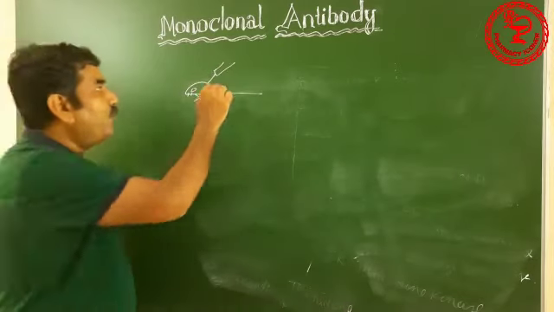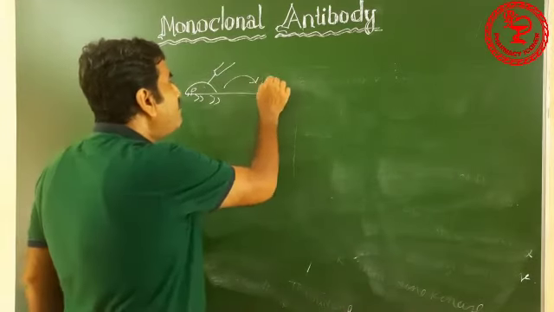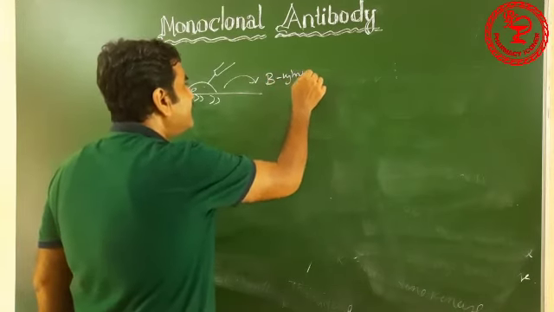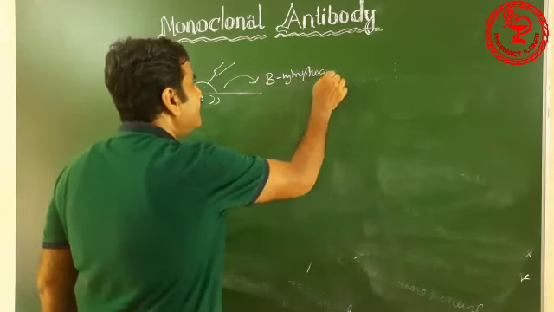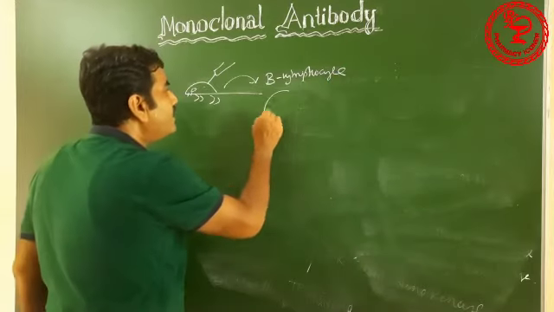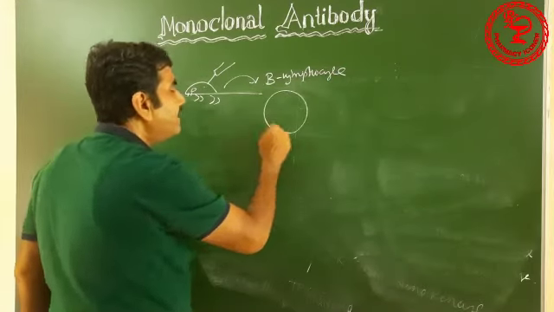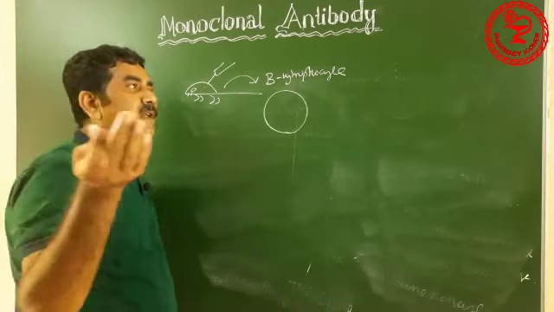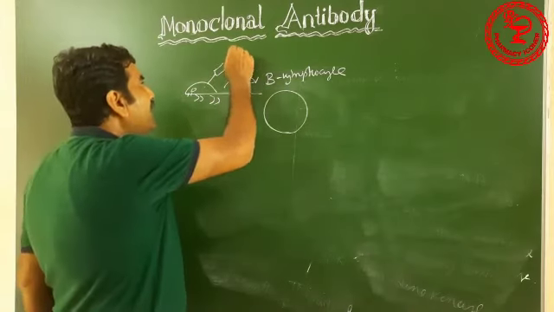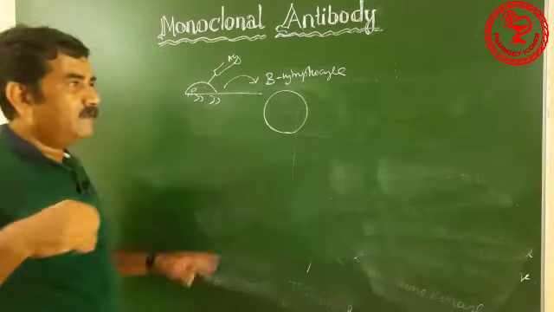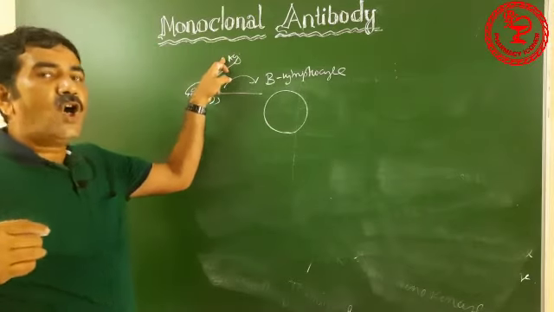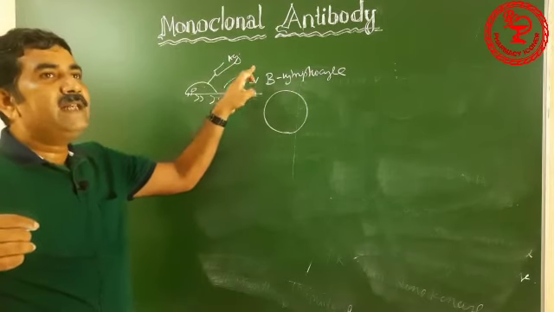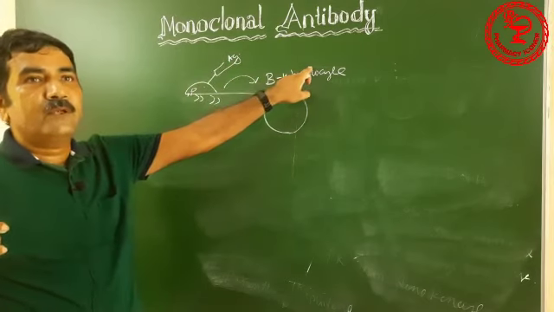This will produce B-lymphocytes, many B-lymphocytes. Not only the specific B-lymphocyte: against all the epitopes of the antigen which you are injecting, B-lymphocytes will be produced.